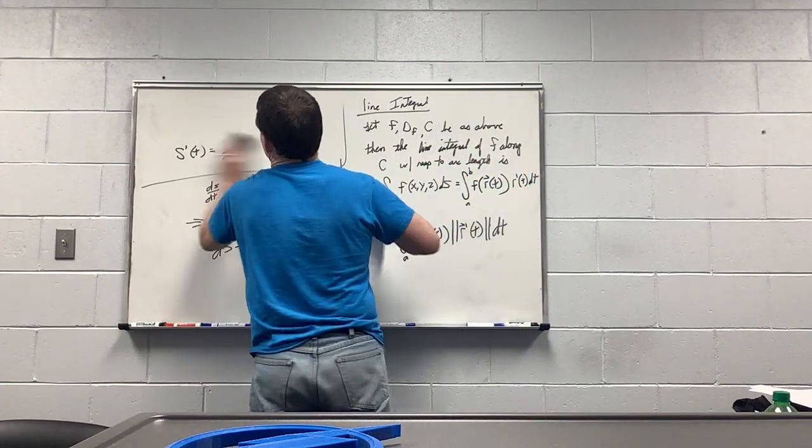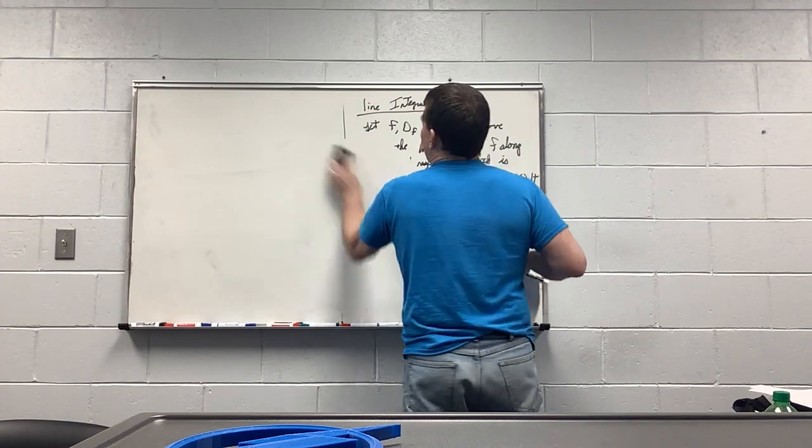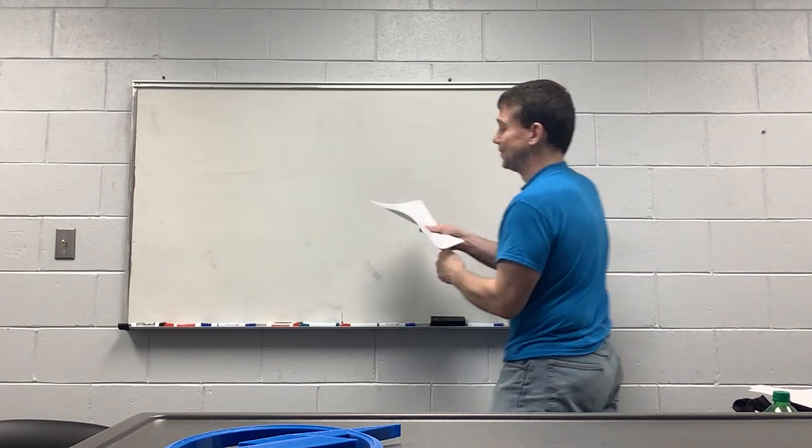Now, to do an example to see how this works, or given the length of this video already, to do part of an example and leave the rest to you.